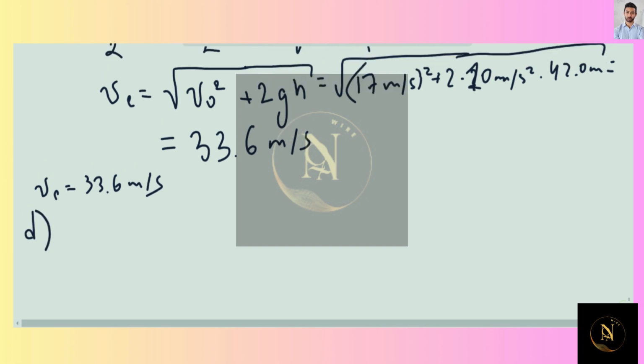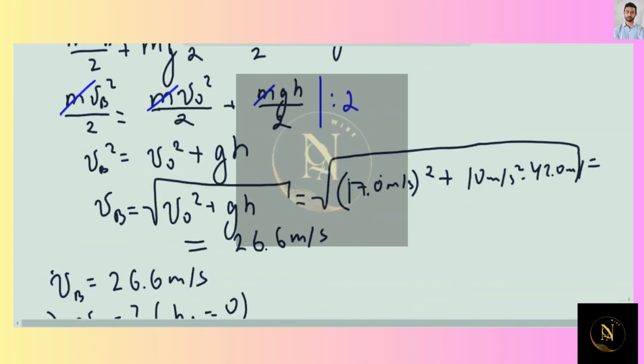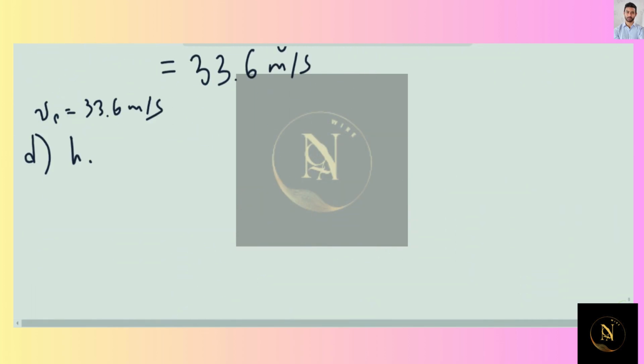And the last question is regarding the maximum height. So when maximum height is reached, kinetic energy equals 0. So therefore, velocity is 0. So then the total mechanical energy of the system is only the potential energy, and it equals the initial energy.